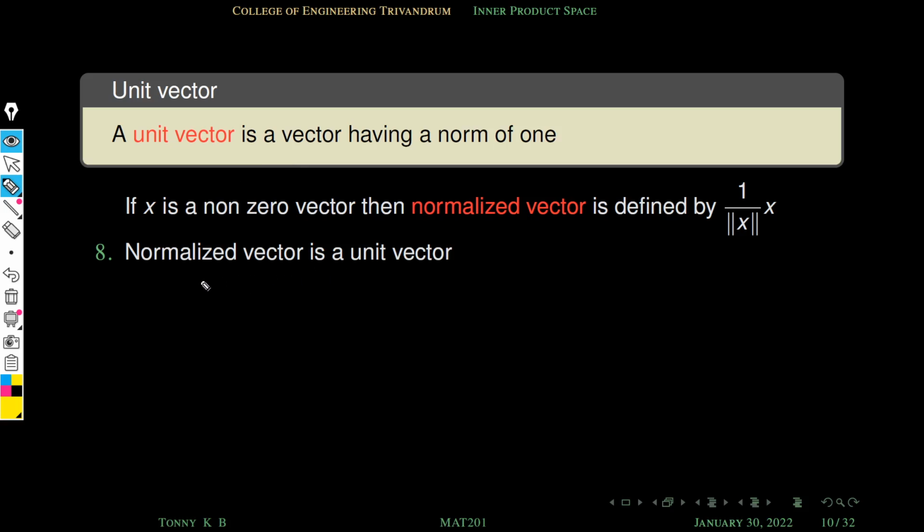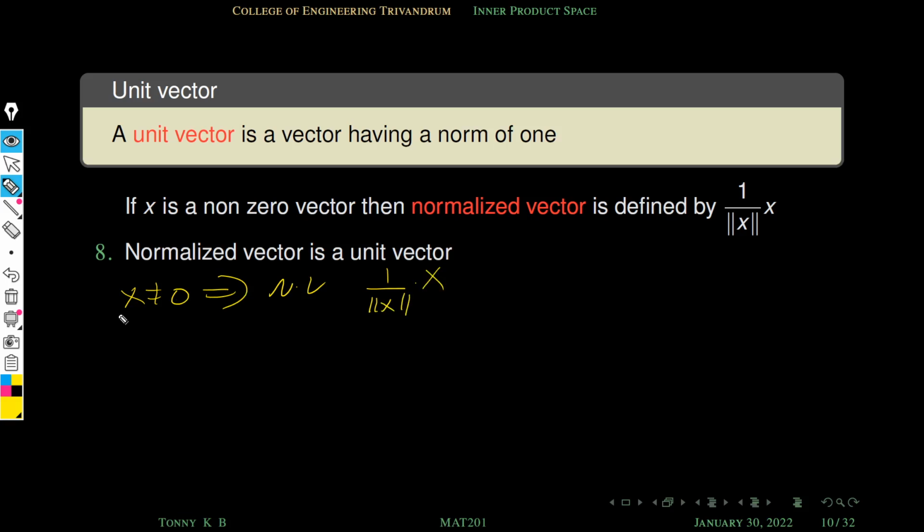Okay, next property: a normalized vector is a unit vector. For example, you consider a vector x which is non-zero, and next we are going to find the normalized vector. How to find it? We just consider 1/norm x times x. This gives a normalized vector.